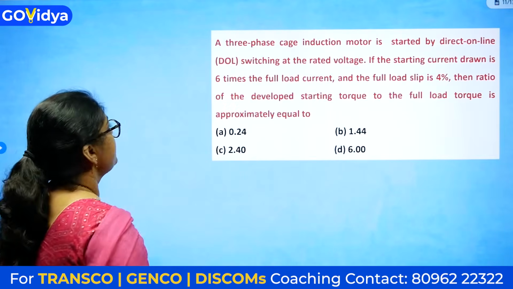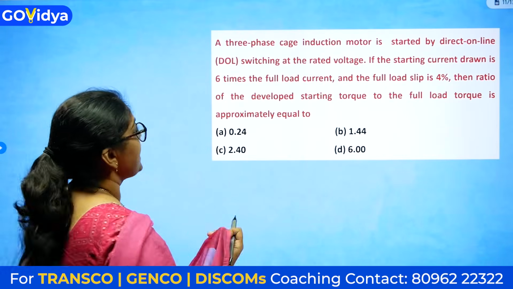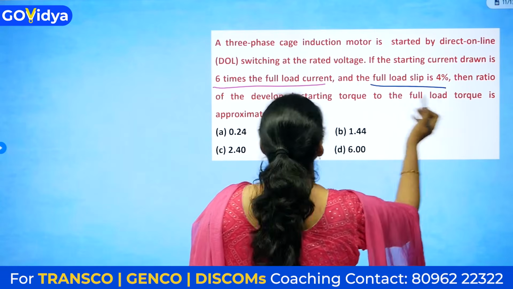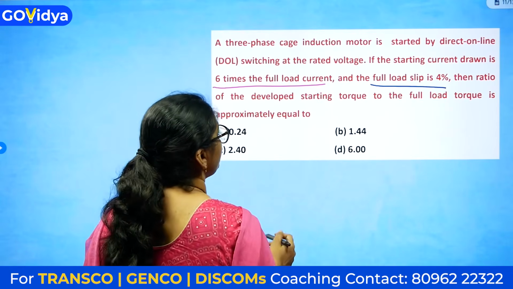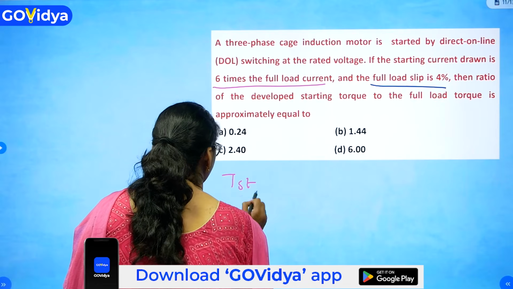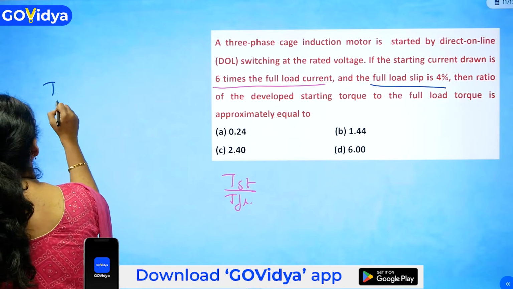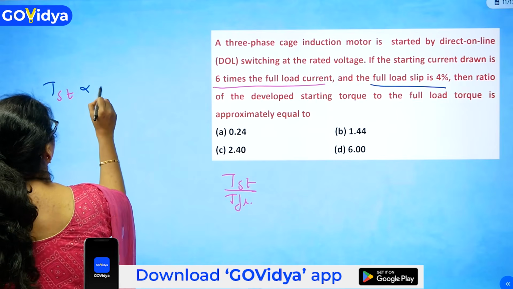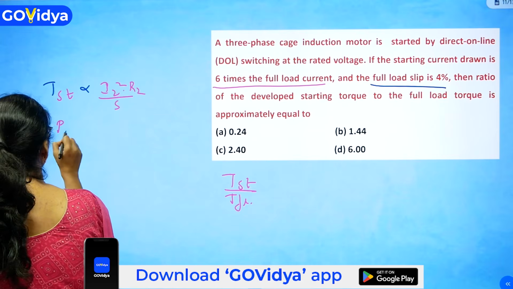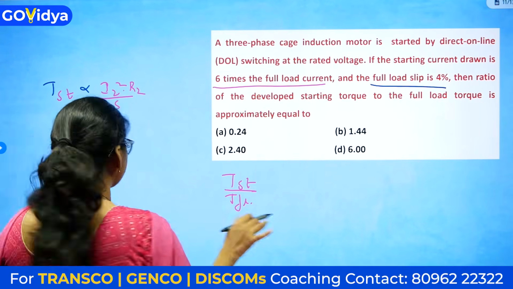Clear? A 3-phase cage induction motor is started by DOL switching at the rated voltage. If the starting current drawn is 6 times the full load current and the full load slip is 4%, the ratio of developed starting torque to the full load torque is? So we have to calculate the starting torque by full load torque. TST is directly proportional to I2 square into R2 by S. R2 is constant, that is the assumption here.